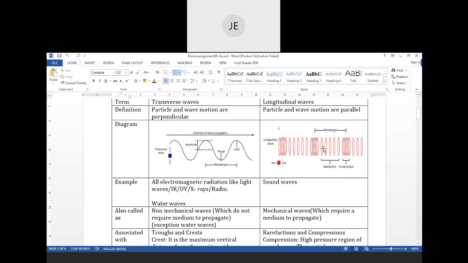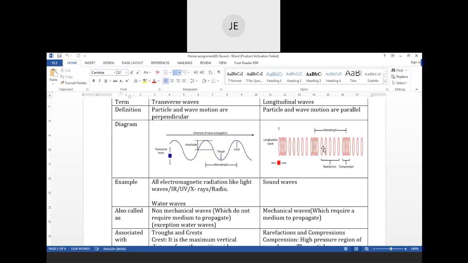I already said a vibrating body produces sound. Whenever the sound is moving in the air column, the air column also gets vibrated. At some particular point, vibration means going from the mean position to some extreme position, then coming back to the mean position, then again to the extreme position.